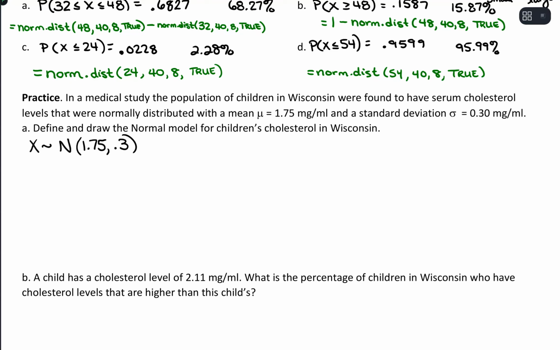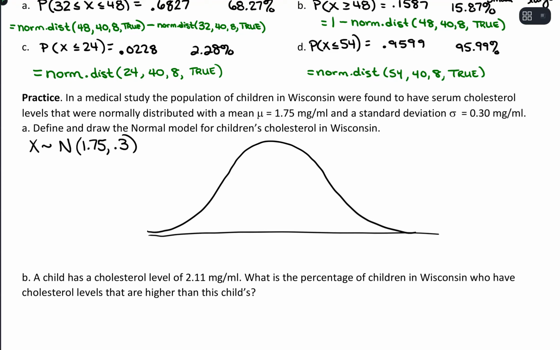And I'm going to draw a bell-shaped curve to the best of my ability. There we go, not too bad. So right in the middle, we're going to put the mean of 1.75. And then I'm going to go 2 standard deviations above, 2 standard deviations below. That tends to get enough information going.